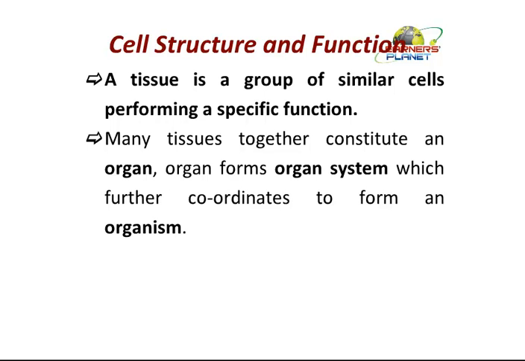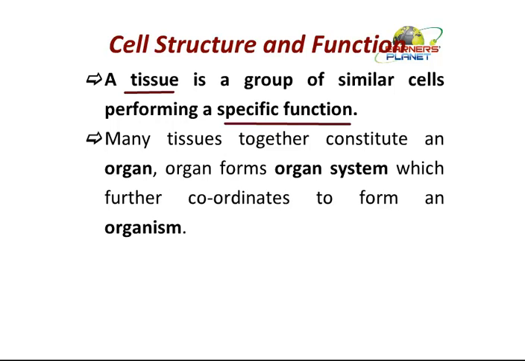Now when these cells unite together to perform a particular function, then it would be known as tissue. That means organelles are functioning so as to give life to the cell. Many cells, a group of similar cells, unite together and coordinately perform a particular same function.